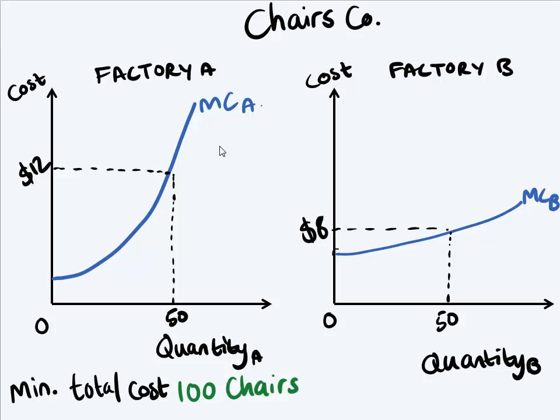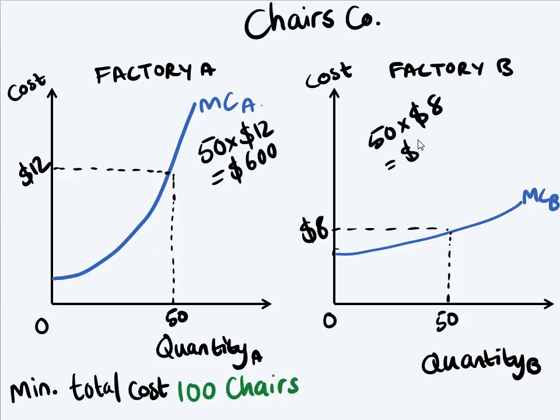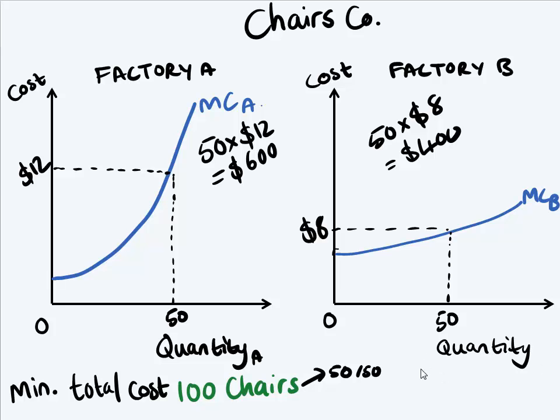Meaning the cost of producing 50 chairs in Factory A is $12 per chair, which gives me a total of $600. The cost of producing 50 chairs in Factory B is $8 per chair and gives me $400. So can you see when I split it 50-50, I get a total cost of $1,000.